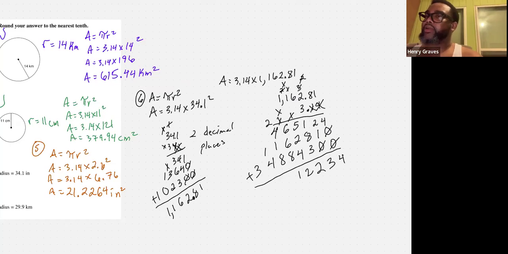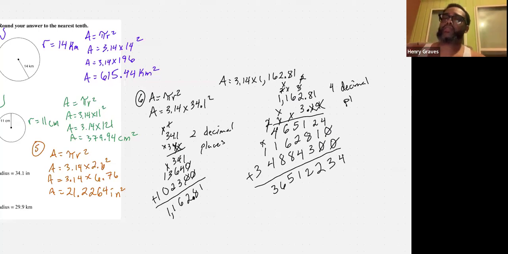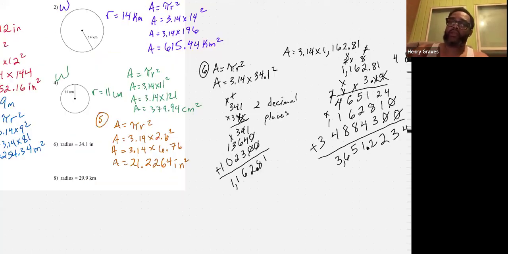And it looks like I'm counting 4 decimal places. 1, 2, 3, 4. So my answer, and this is probably going to be wrong. I'll be shocked if I got this right. 3,651.2234.